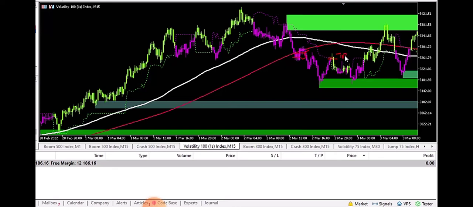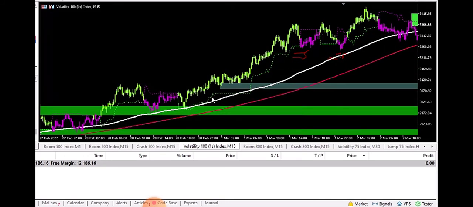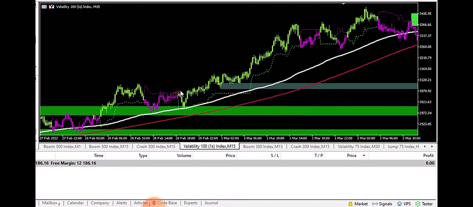Okay, let's try to look for a situation where we would make a loss here. Look at how we're looking for a possible loss in this system. It's a powerful 90% to 95% accurate.